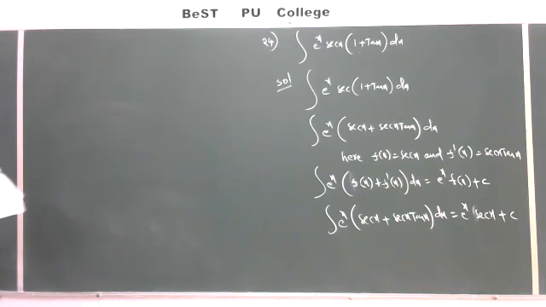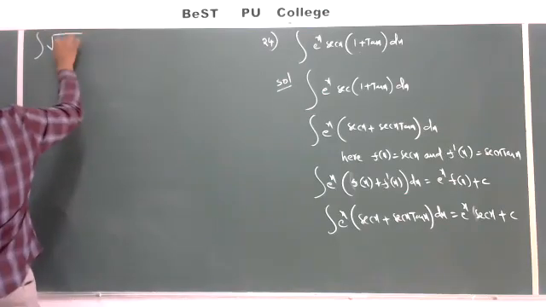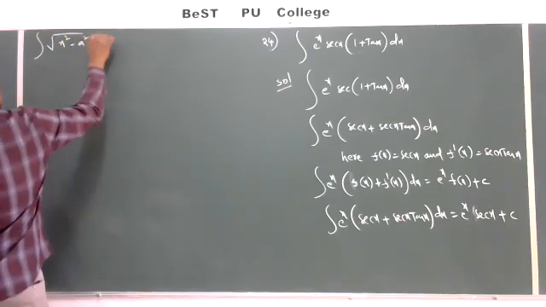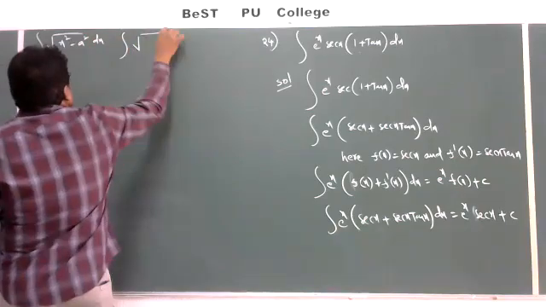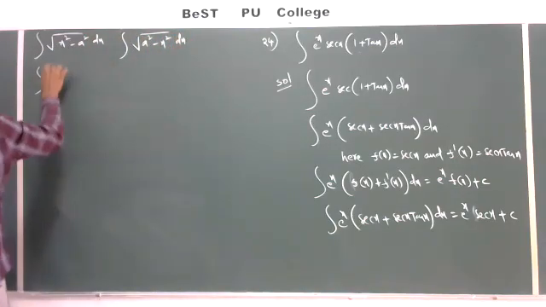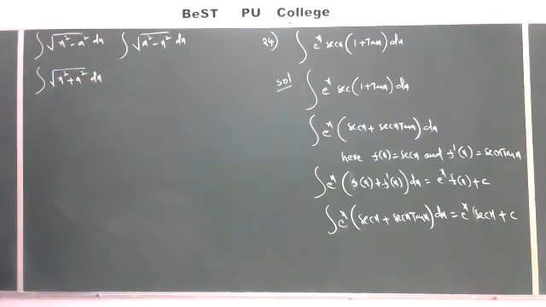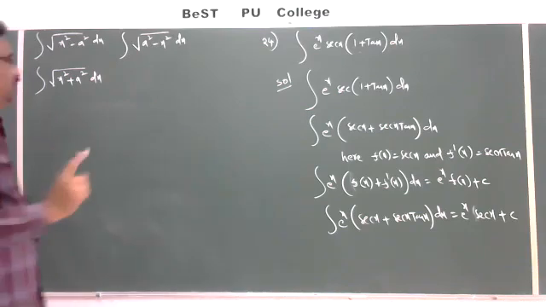Then you can remember the formulas we already discussed. Integral root of x square minus a square dx, integral root of a square minus x square dx, integral root of x square plus a square dx. We discussed these three theorems.